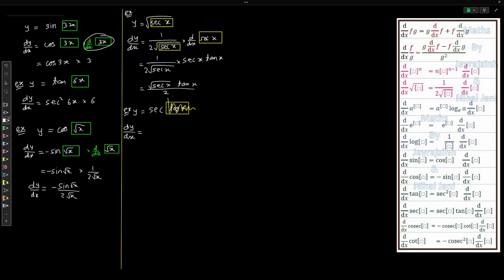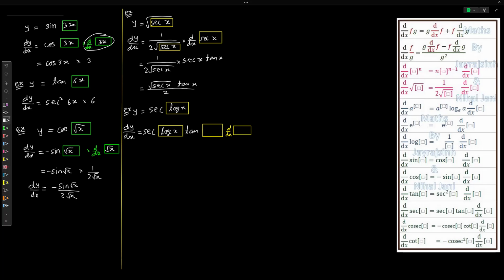So here we get sec box tan box into differentiation of box. Okay. Now what we have within the box? Log x.